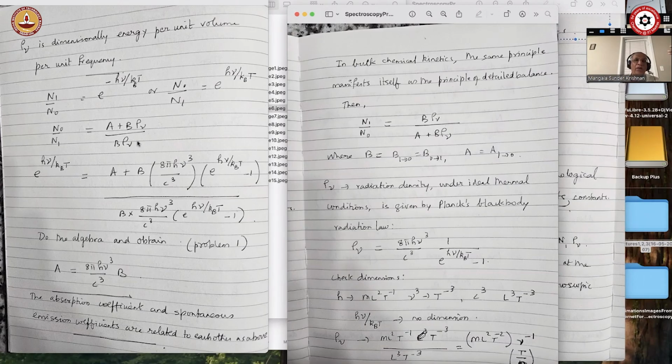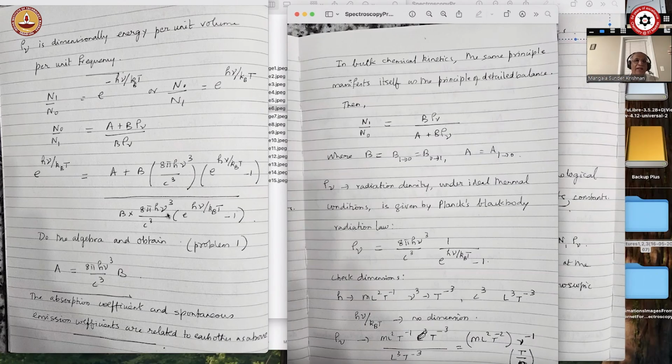You are inverting N1 by N0. And N0 by N1 is exponential h nu by kT, because it's 1 by N1 by N0. Therefore, you can equate this to A plus B rho V. This is the formula for rho V, which you can introduce here.